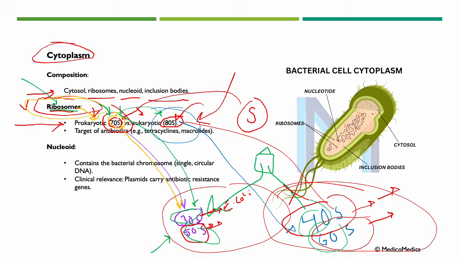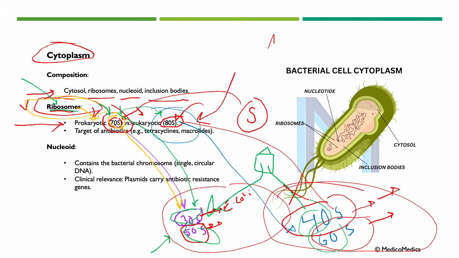So let's just talk briefly about some examples. We have an extensive lecture on antibiotics, but now just to give you an overview. We have a class of antibiotics called aminoglycosides, and these include, for example, gentamicin and streptomycin, maybe you've heard of them.